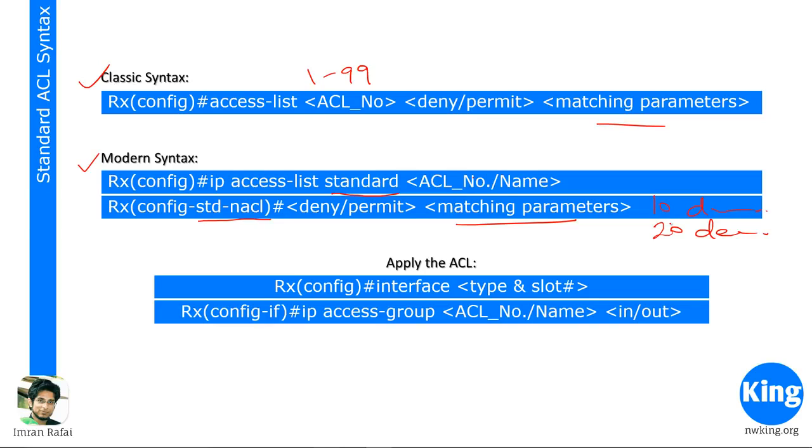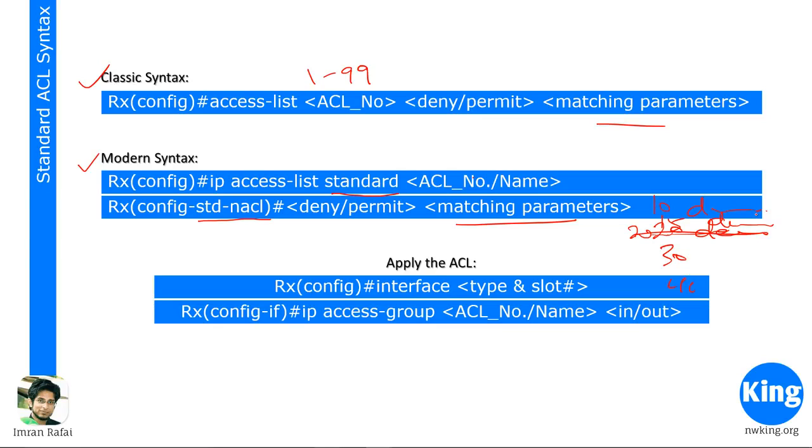If you want something to come in between these, you can manually put a sequence number 15 and say deny, and that is going to come in between. Or you can just say delete 20. You have 30, 40, 50. You can say delete 20, this line gets deleted, and you can add another 20.